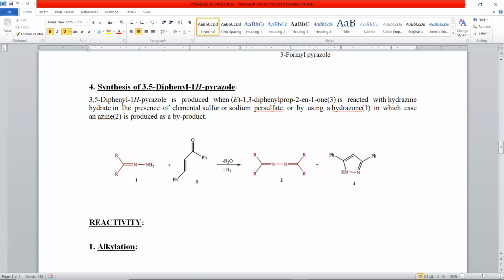3,5-diphenyl 1H-pyrazole is produced when trans 1,3-diphenyl propenone is reacted with hydrazine hydrate in presence of elemental sulfur or sodium persulfate.